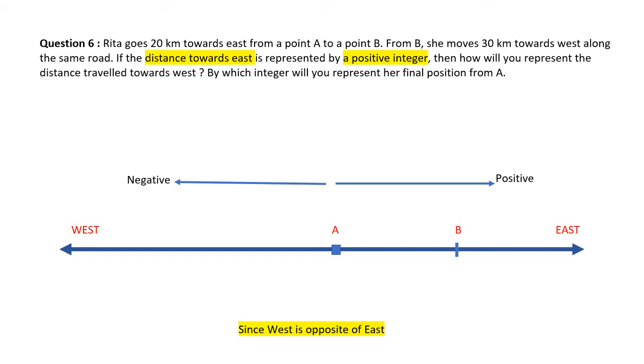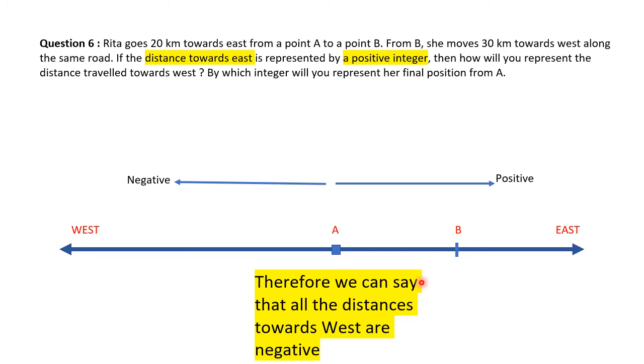It is negative, right? We have seen that west is the opposite of east. East is positive, so definitely west will be negative. So every distance measured from this point to this side is positive, and to this side is going to be negative, right?